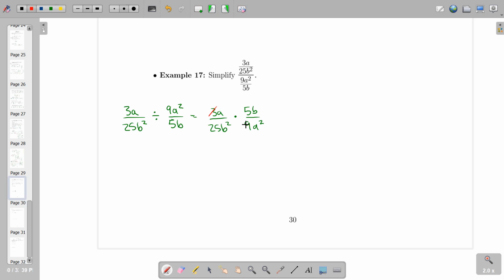So I can cancel this 3 and this 9, cancel this a with one of the a's here, cancel this 5, divide by 5, divide by 5, and then divide by b, divide by b. So I end up with 5 times b times 3 times a on the bottom. So that would be 15ab, and then on top just 1. All right.